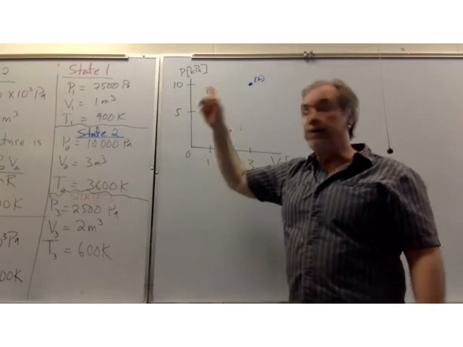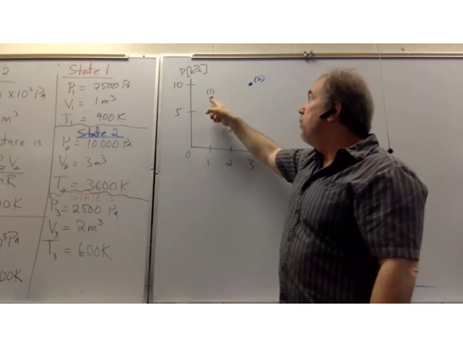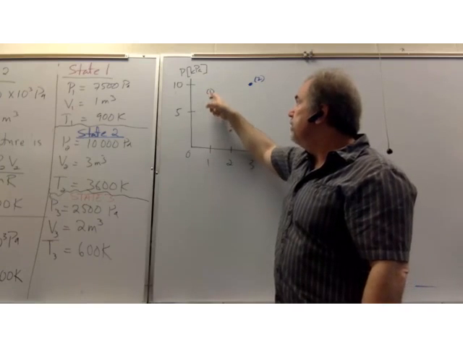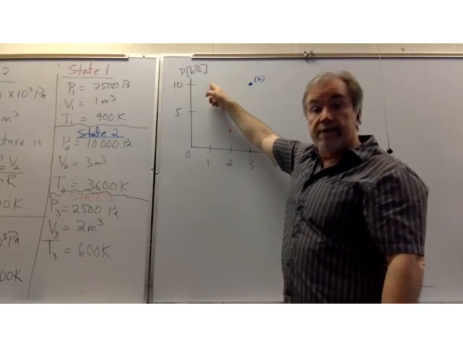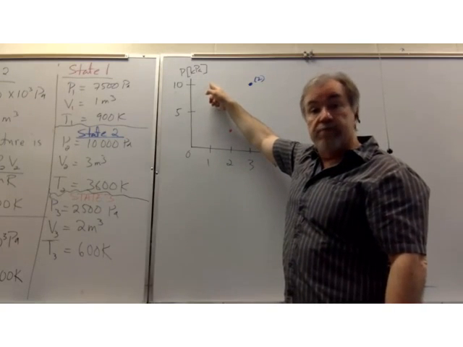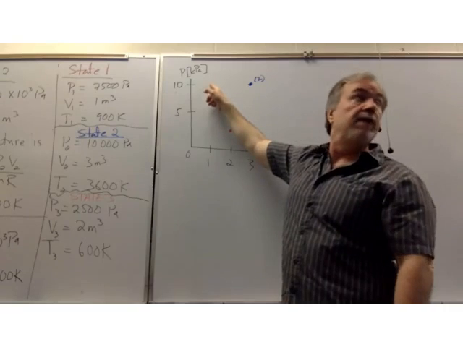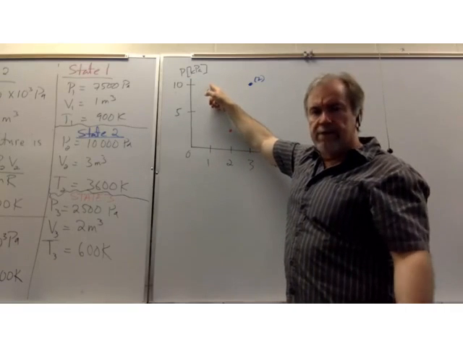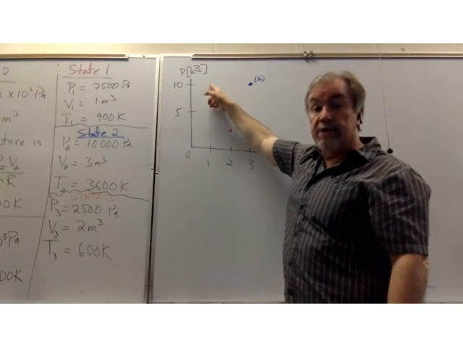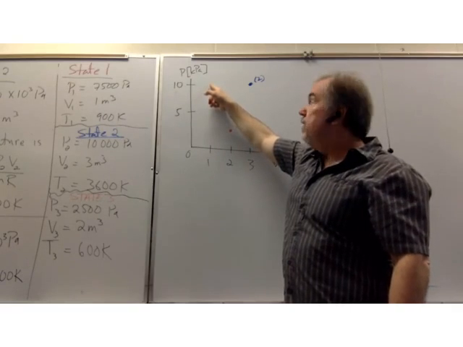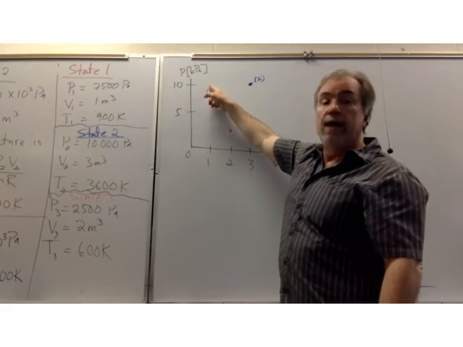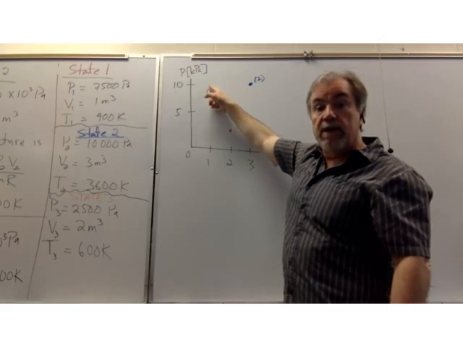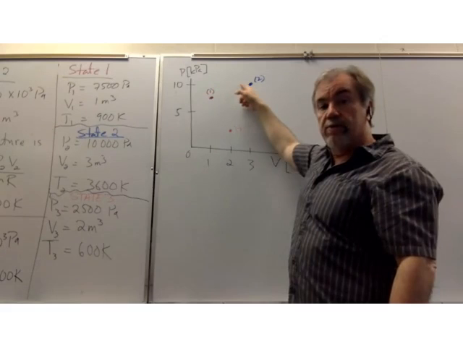Alternatively, it's at least plausible that I could say, okay, I'm going to allow the pressure to increase from 7,500 to 10,000, but somehow magically prevent the volume from changing while that happens. And it doesn't matter at this moment how I do that, but suppose I do. Then I'm going straight up on this graph, and then once I've got the pressure to where I want it, allow the system to relax to the higher volume.